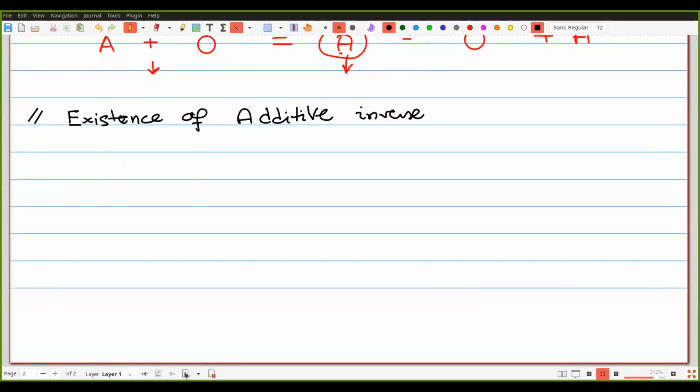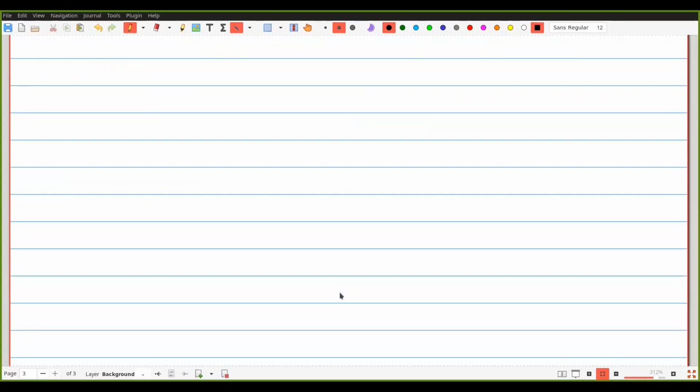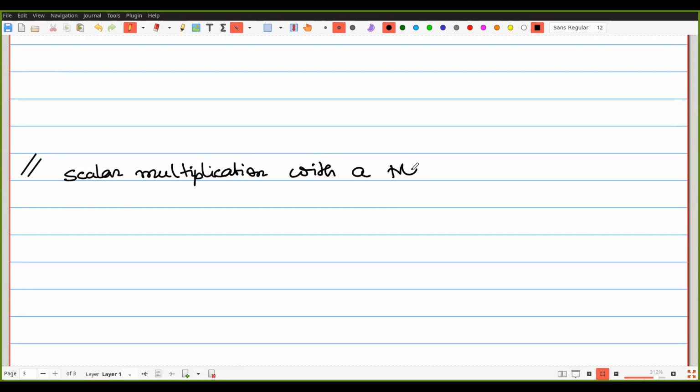Just keep it blank, and here we are proceeding with another property that is called the scalar multiplication with a matrix and obviously non-null.